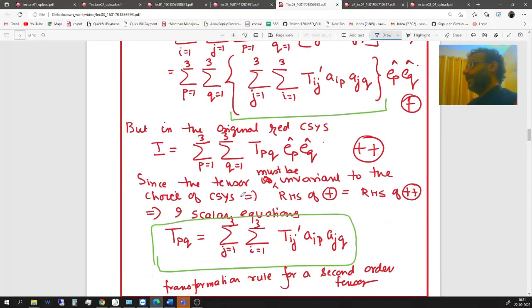Now, since every tensor is invariant to the choice of coordinate system, part of the definition, the RHS of this plus equation must match with the RHS of the double plus equation. And if you compare these two, you will be able to conclude that T_PQ, which is appearing here, must be equal to what is all inside these curly brackets, which is T_ij prime A_iP A_jQ.